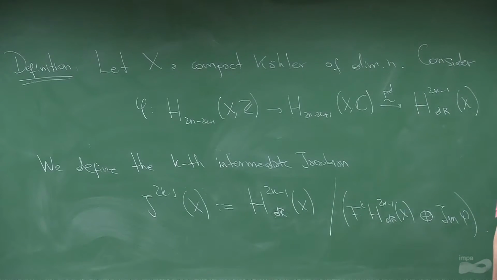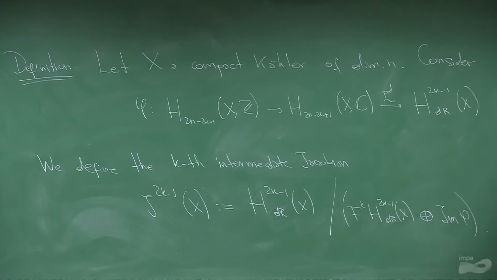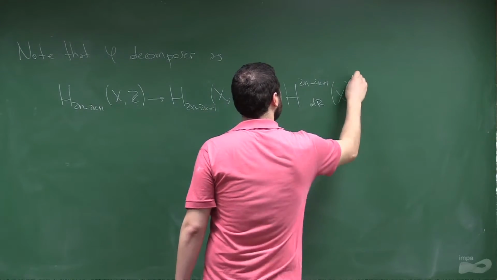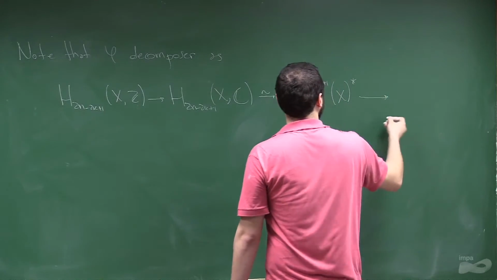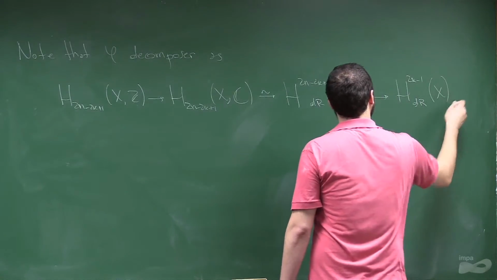Right, okay, so note that phi decomposes as the following map, right? It goes from H^{2n-2k+1} of X with integer coefficients, then to H^{2n-2k+1} of X with complex coefficients, and then you have an isomorphism with H^{2n-2k+1} de Rham of X dual, and you have another isomorphism with H^{2k-1} de Rham of X, right?